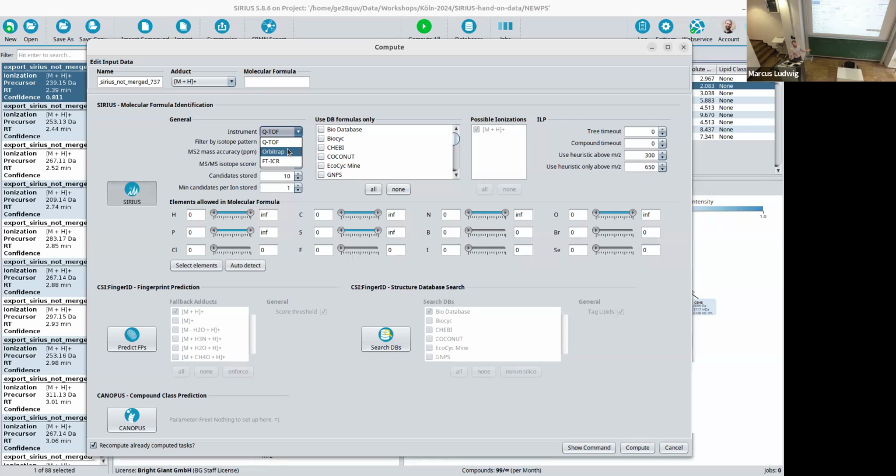So if you don't know so much about the data and want to be on the safe side, you can also always just use the QTOF parameter. But it's Orbitrap data, yeah, that's the thing. QTOF parameters are a little bit more loose, I think like 10 ppm, and this is usually the default.